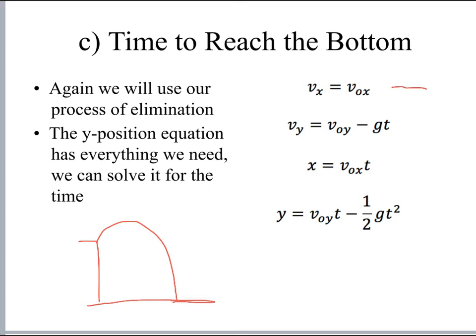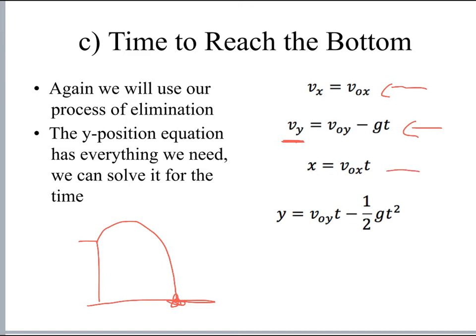So this equation doesn't even have time in it, so we can't use that equation to help us. This equation has time, but what would Vy be? Vy would be the y component of the velocity that it would have when it hits the ground. And we don't know that. It's not given in the problem, and it's not something that we can obviously figure out. So that equation isn't going to help us.